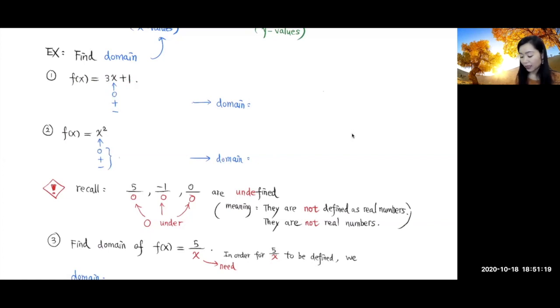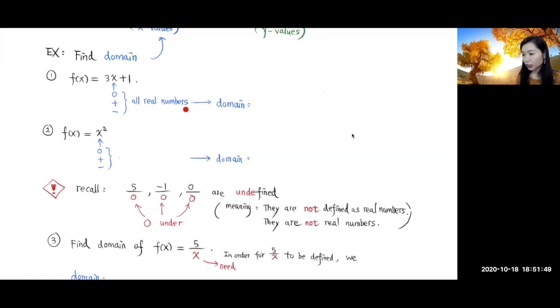So 0 is okay. What about positive numbers? Can I substitute x here by any positive number? Yes. Can I substitute x here by any negative number? Yes, right? So looks like we can input into this x any real number. So the domain for this function will be all real numbers.